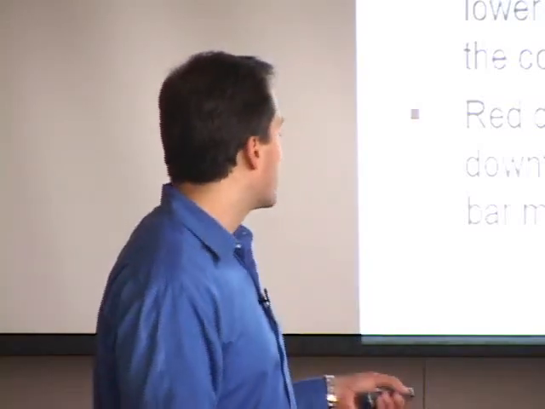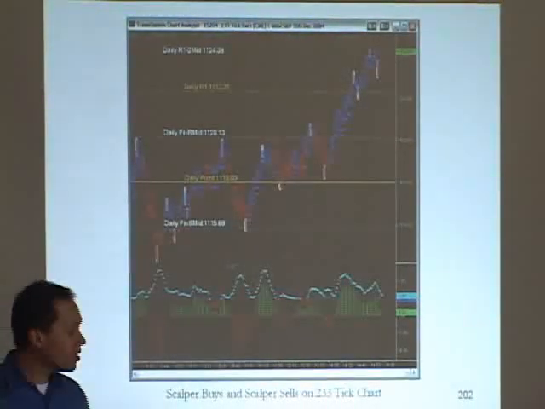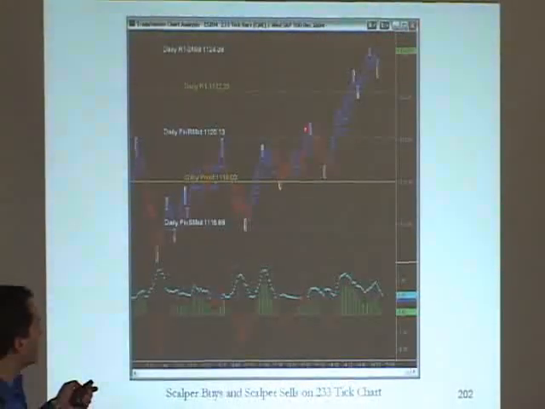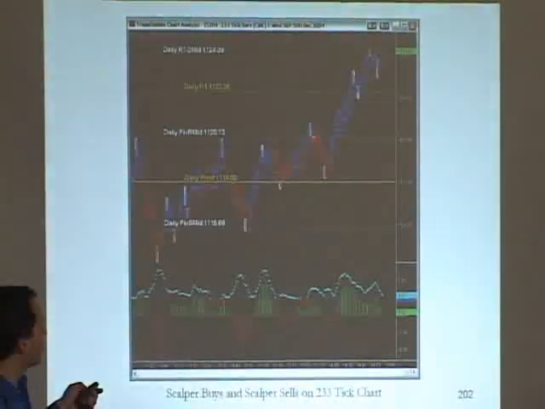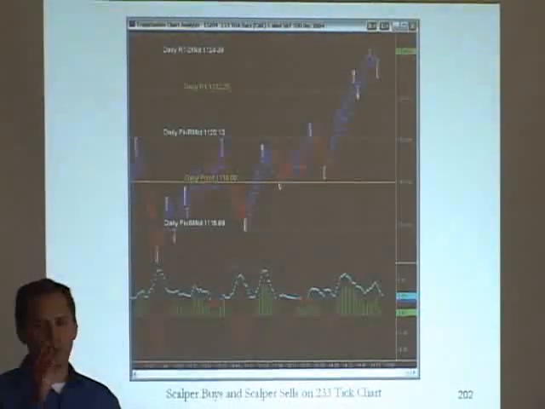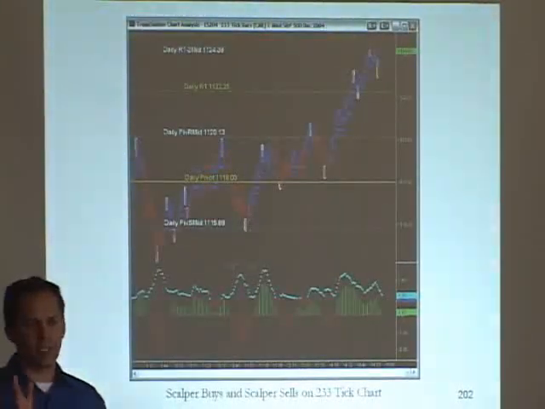So what the scalper buys and sells do is they try to find these pivots intraday. And by using a smaller time frame chart, like a 233 tick chart or 144 tick chart, you're going to be getting these turns very, very quickly. And so what will happen here is on page 202, you can see, like right here, when the market is rallying, and now we get 3 lower lows in a row, it's going to paint a white paint bar on the actual bar that started the series in the higher lows.